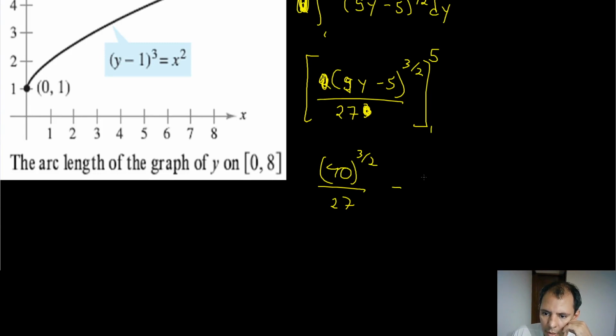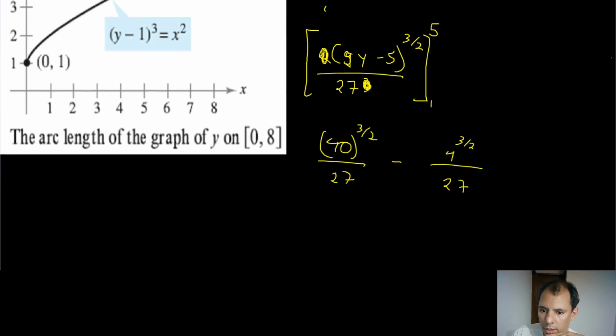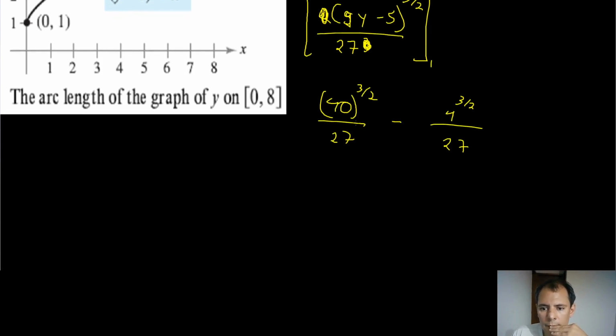minus, and you have this 27 in here, so I'm already going to put it in there. And then you have 9 minus 5 to the 3/2. 9 minus 5 is 4. So you have 4 to the 3/2, right? This is what you have. Anyway, let's do this thing in here. What you have here is like 40 times 40 times 40.